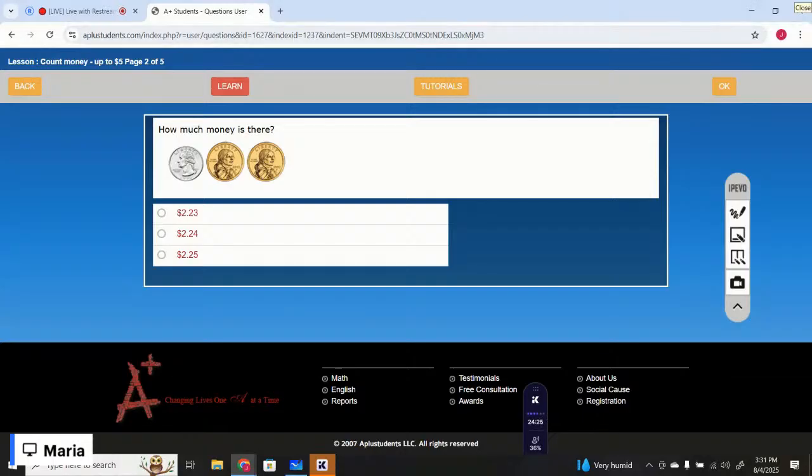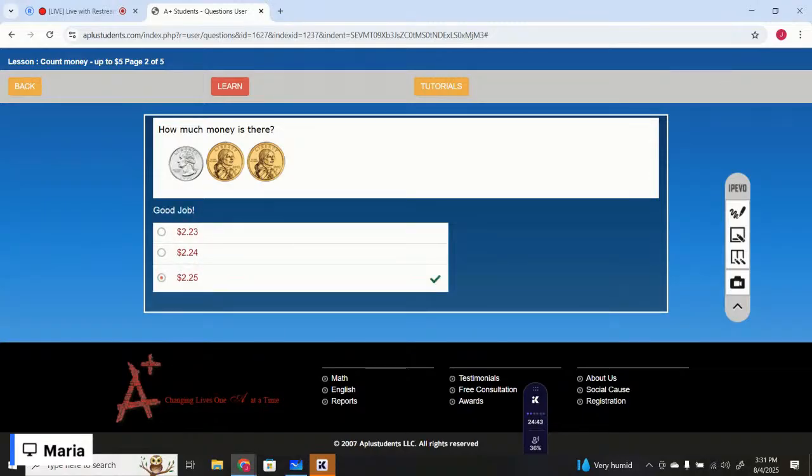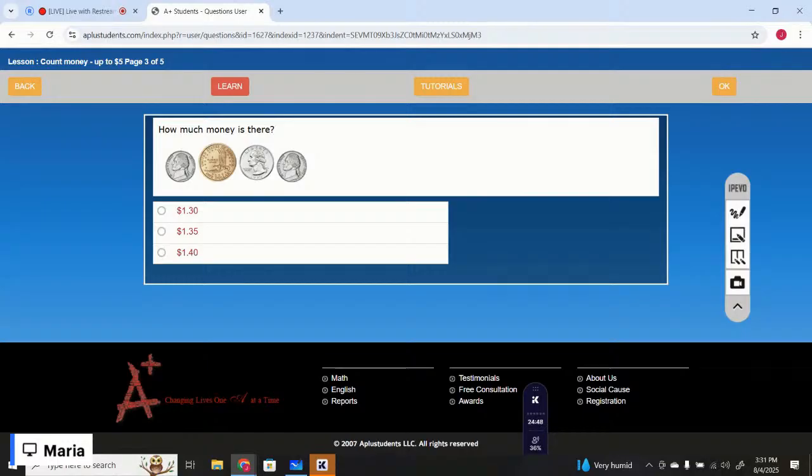How much money is there? That is $2.25. Option number 3 is the correct option. How much money is there?